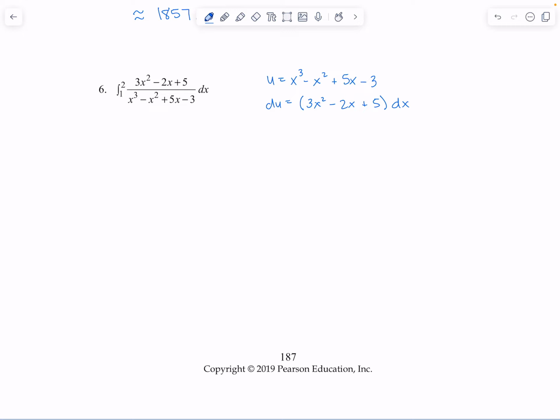Let's rewrite it in terms of u. So we've got the integral from x equals 1 to x equals 2 of 1 over u du.